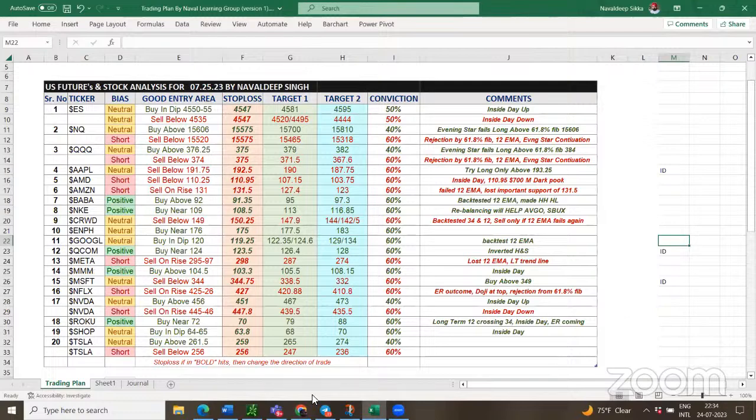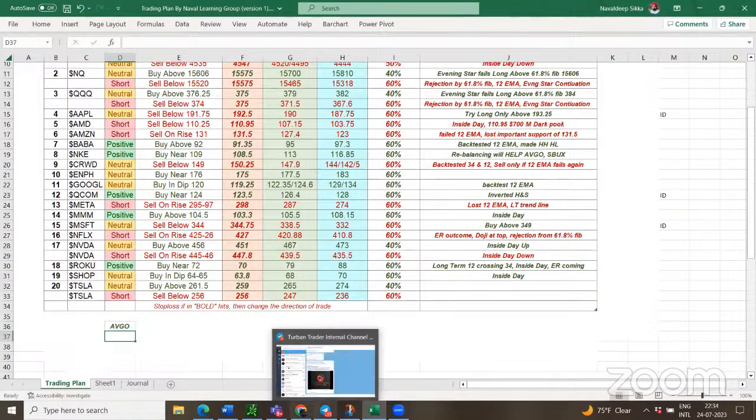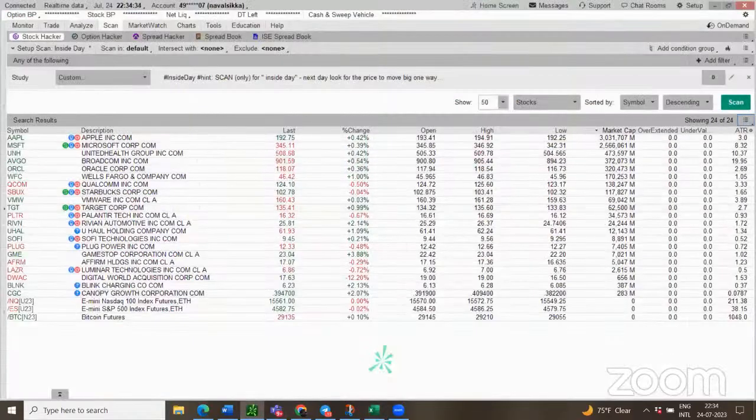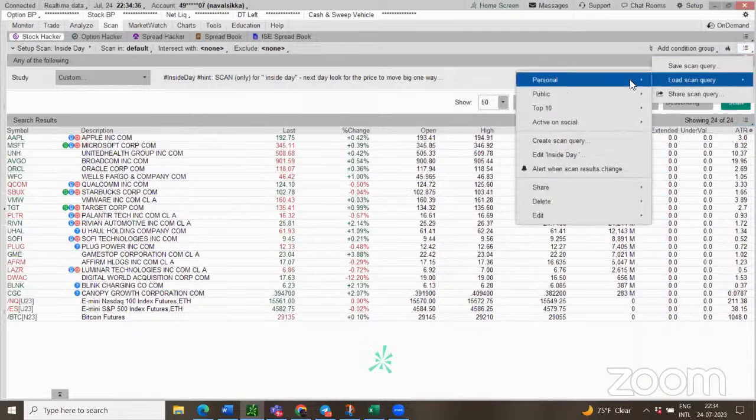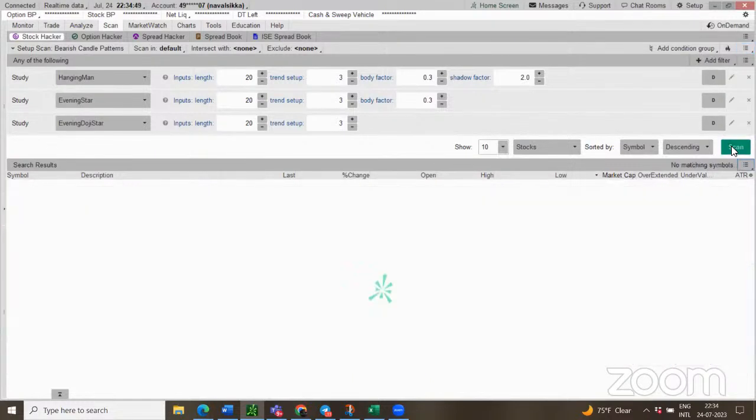AVGO, do I have? No. We'll talk about AVGO later. That's an inside day, and let me check on any bearish candle patterns. Hanging man, evening star, evening doji star on the day time frame in the last 20 length, nothing.